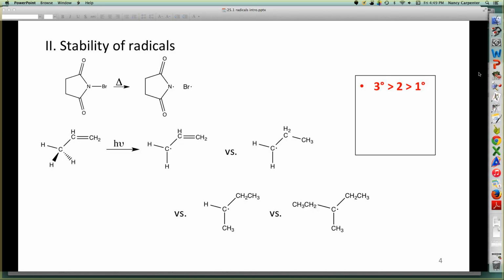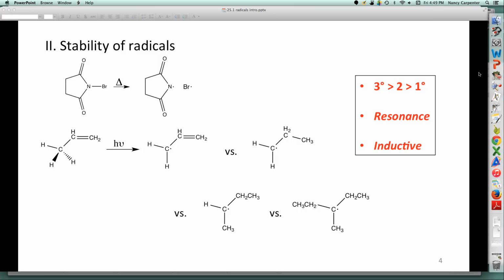But wait, isn't this a primary radical? Yes, it is, but resonance trumps all. The allyl radical is much, much, much more stable than the undelocalized primary radical. So what we're showing you here is stuff that you already know.